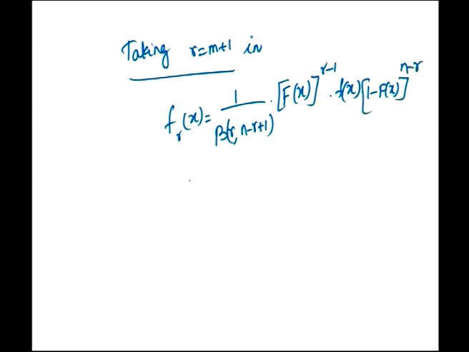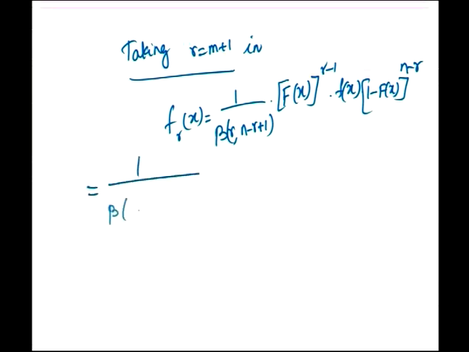Now, substitute for r as m plus 1 and capital F of x, that is CDF for this distribution, as x, and small f of x is 1. Everything has to be done simultaneously now.